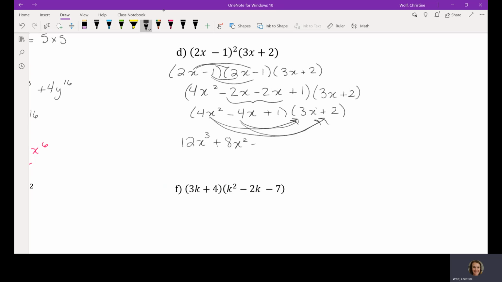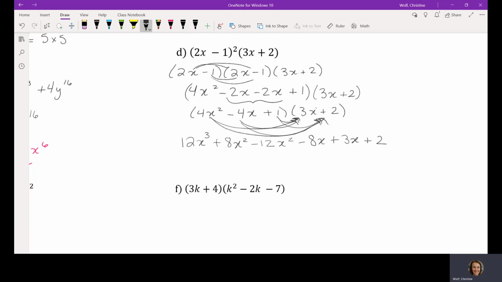So negative 4 times 3 is negative 12, and between those 2 terms, I have x to the 1 and x to the 1, so I add them up to x squared. And then again, negative 4x times positive 2 is just negative 8, which is 1x tacked on. And finally, I have positive 1 multiplied to both terms in that bracket, but multiplying anything times 1 doesn't change it, so it'll just remain 3x and 2.